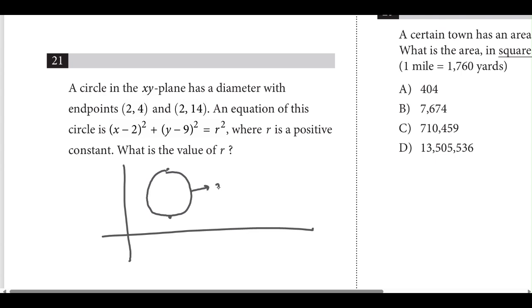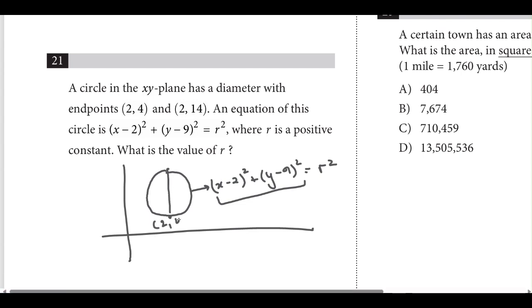The equation is (x minus 2) squared plus (y minus 9) squared is equal to r squared, where r is a positive constant. What is the value of r? Well, it's very easy. We could also find it through the equation, but we don't have to go in there at all.